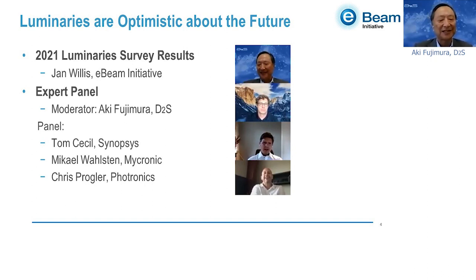So he can help us give color commentary on the business side of the set of Luminary survey questions that we have. So we look forward to the next hour. Let's start with Jan talking about the survey results from this year.